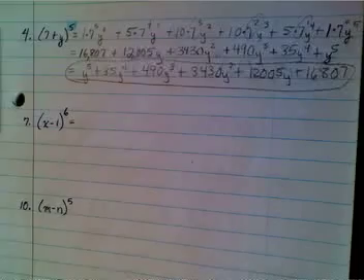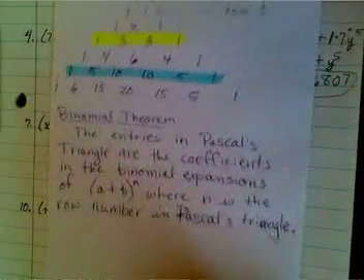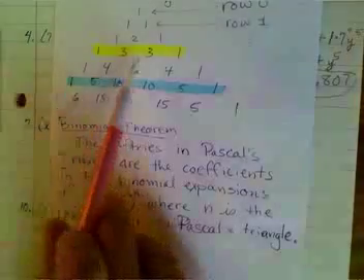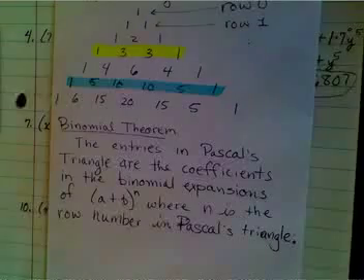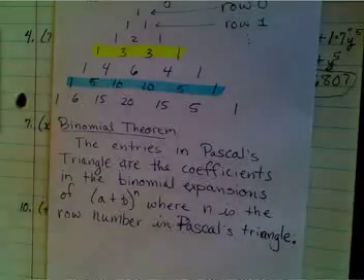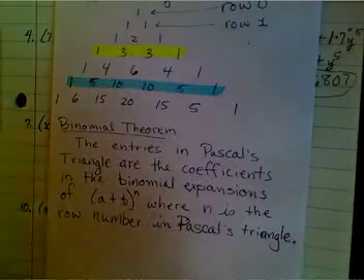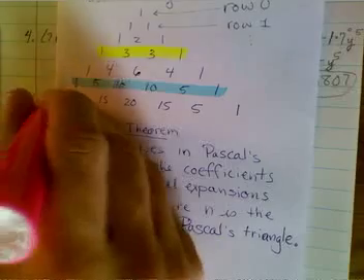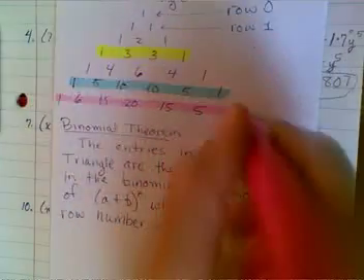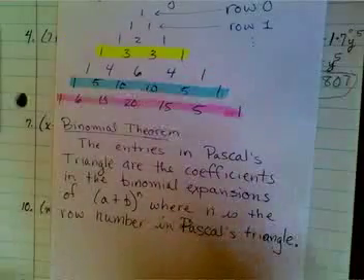So what I want you to do there is look at Pascal's triangle. Now Pascal's triangle continues on, however many rows you want to write. But this one here is the one that we're going to be using because it's the 6th row.